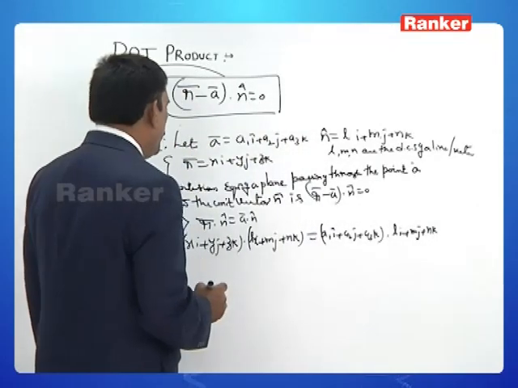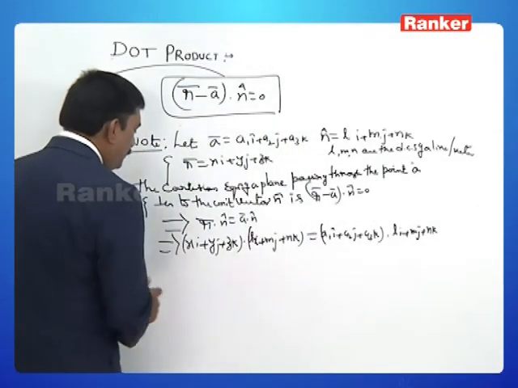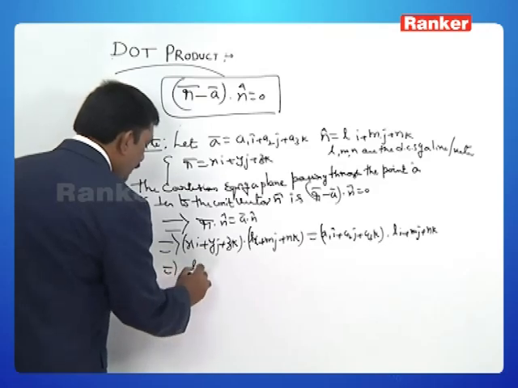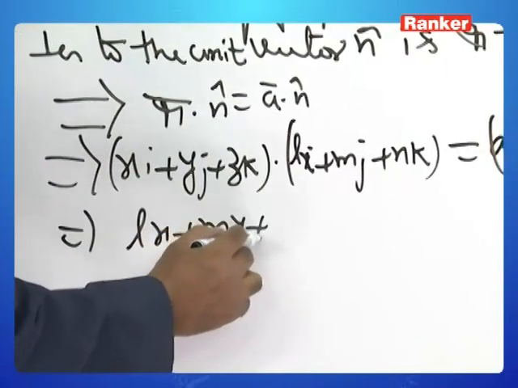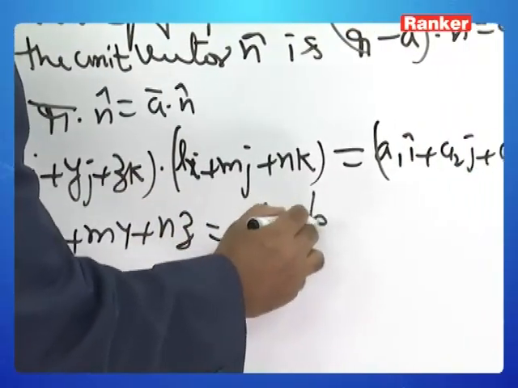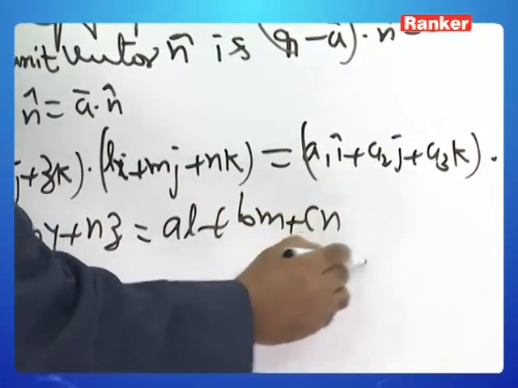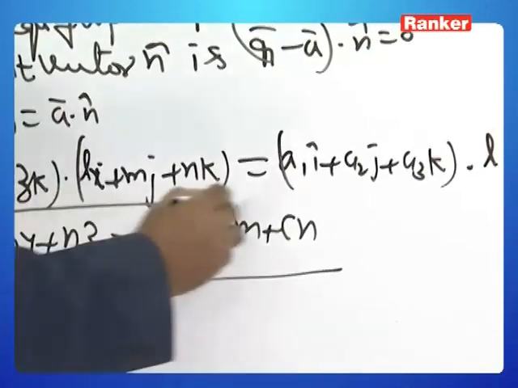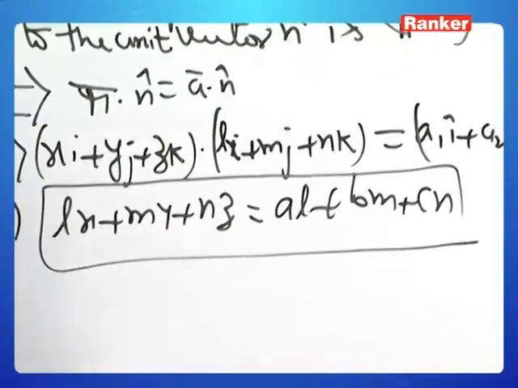So therefore, I can write this as Lx plus My plus Nz is equal to A1 L plus A2 M plus A3 N, which is the Cartesian equation of a plane.